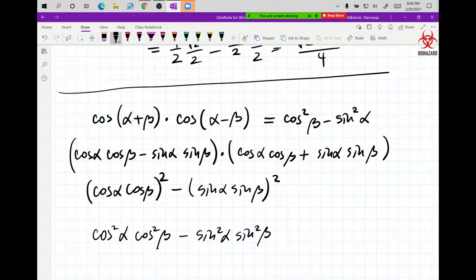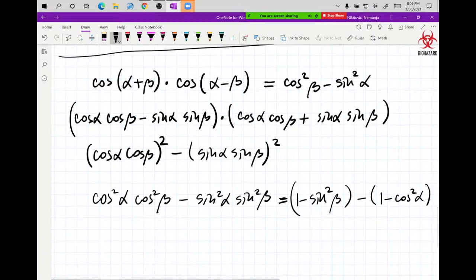I can change the cosine squared beta into 1 minus sine squared beta, and I can change sine squared alpha into 1 minus cosine squared alpha. Now, did that help at all?